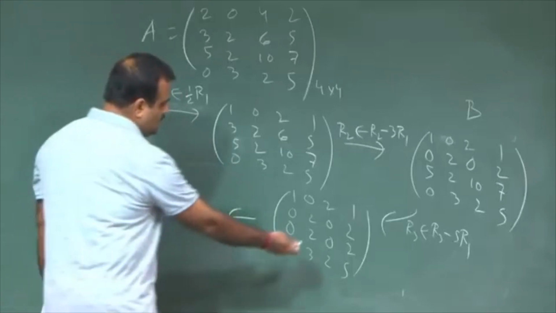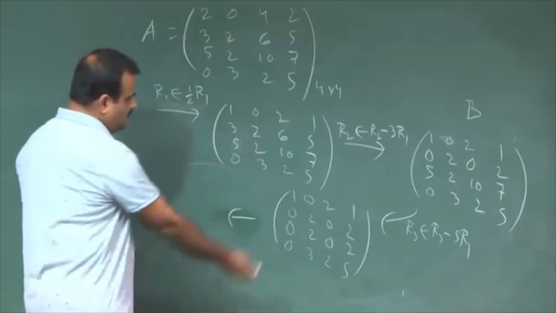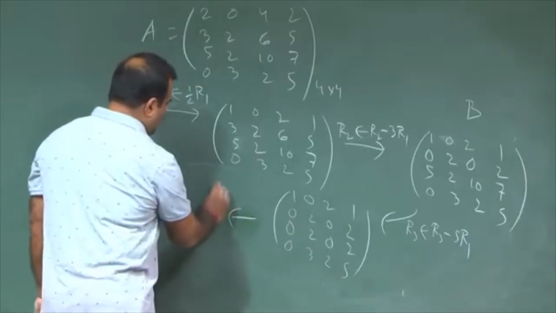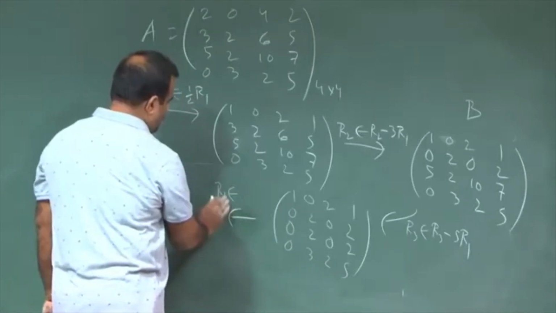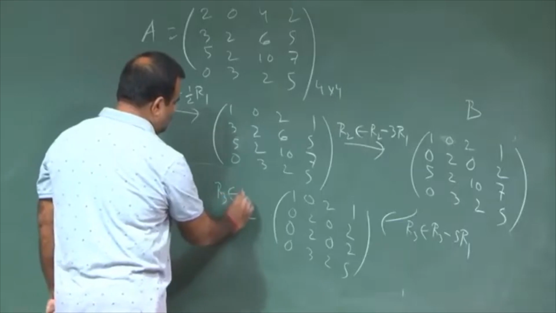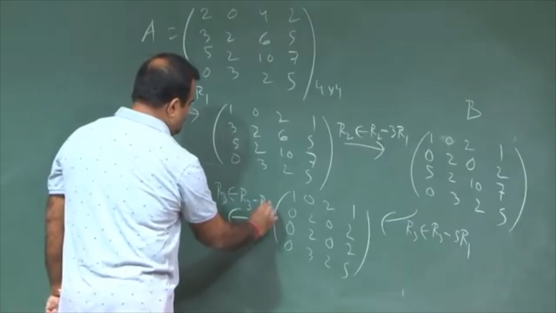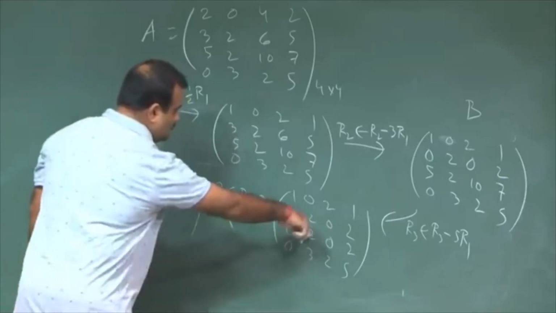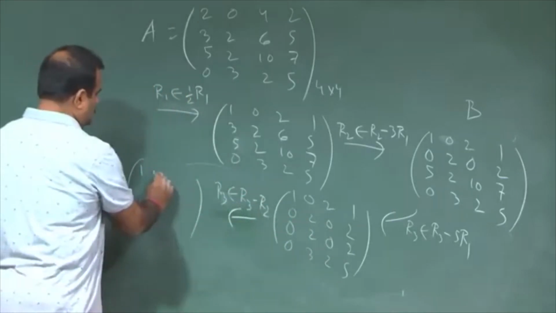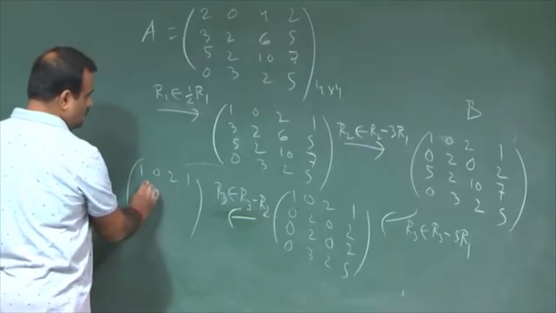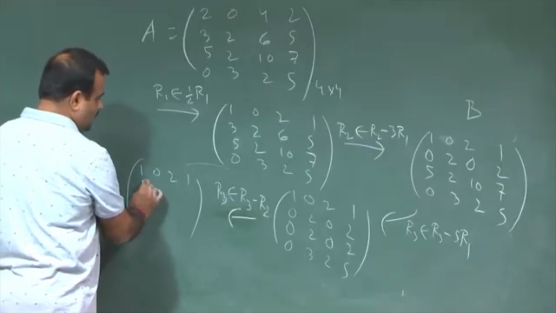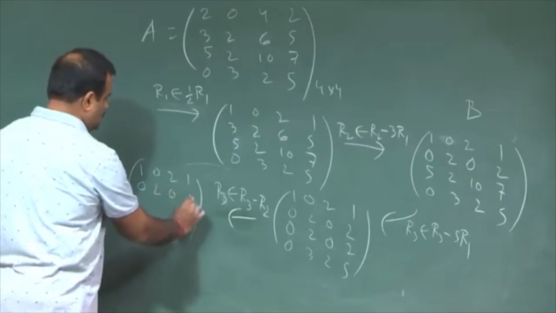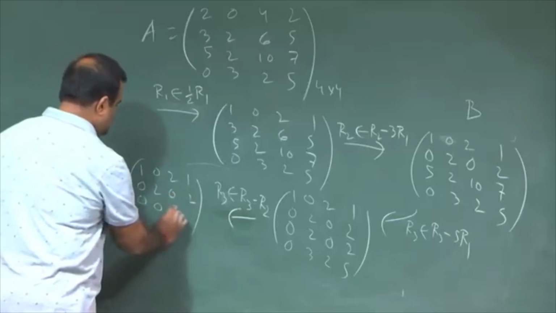If you subtract these two rows then one will be 0. So, R3 is going to be replaced by R3 minus R2. If you do that then this will be 0, because these two rows are identical, 0 2 1 0, then R3 we are replacing, then these are all zeros.